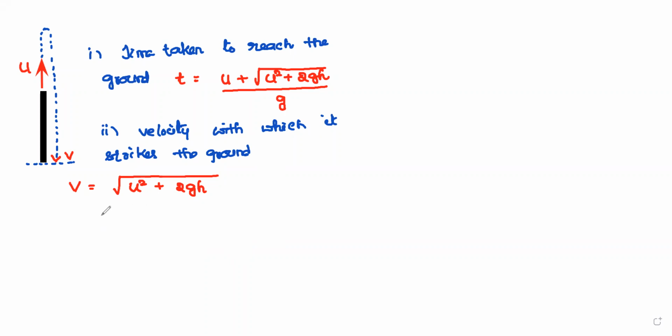Good. V equals to root of u square plus 2gh. This is one formula we used yesterday. And displacement, not distance, displacement. Yesterday we got S is equals to, is it plus H or minus H?